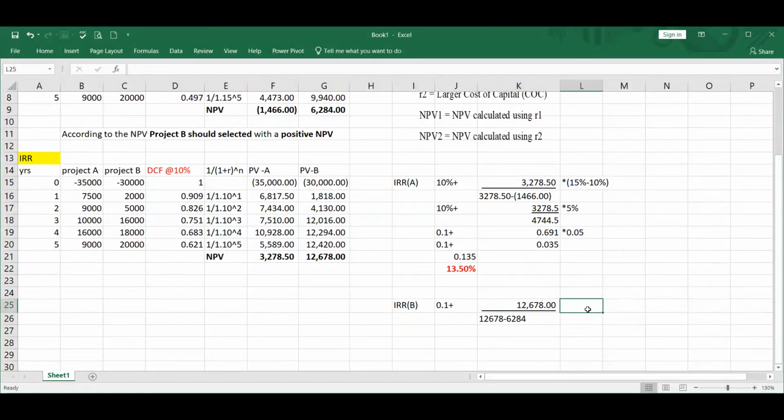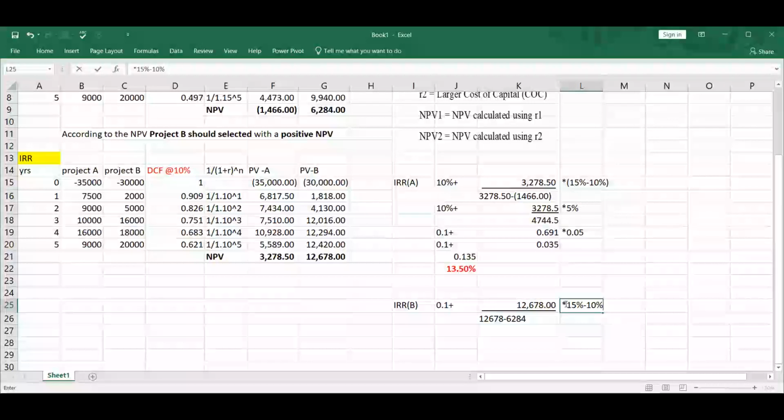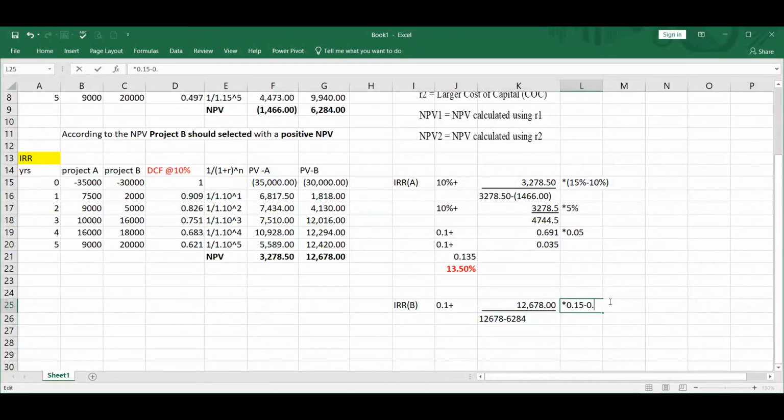Then I have to take the difference between 15% and 10%, which means 0.15 minus 0.1.